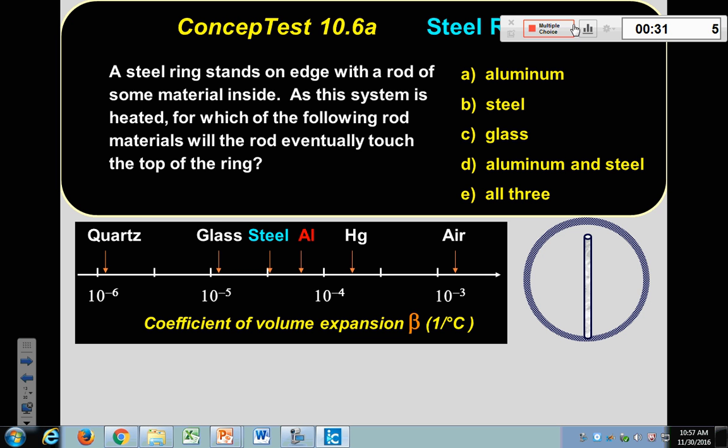Aluminum, glass, steel, aluminum and steel, or all three? Like, could it be either aluminum or steel? All right, I'm going to stop at 58.